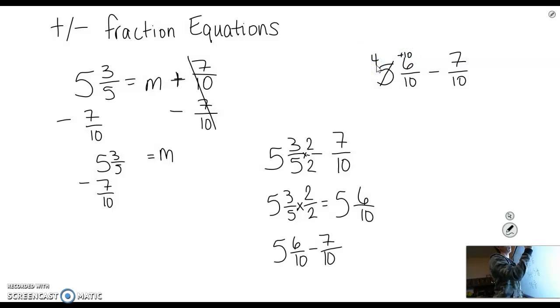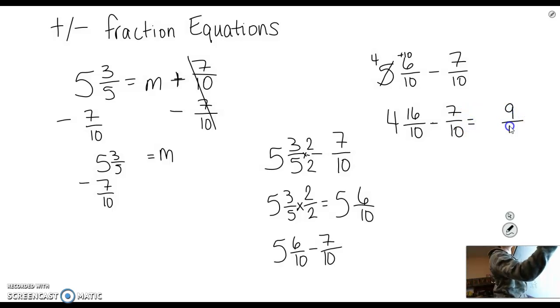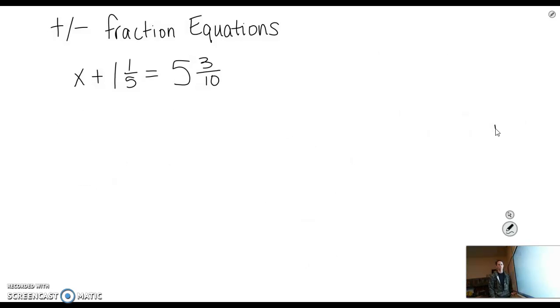So this new number becomes 4 and 16 tenths minus 7 tenths. Okay? So now we have 16 minus 7, which is 9 tenths, and bring our 4. 4 and 9 tenths.